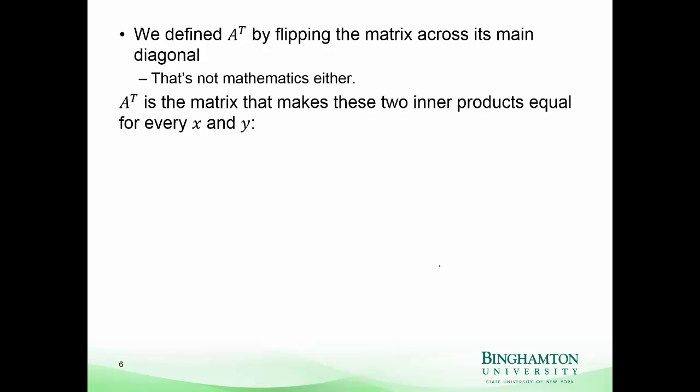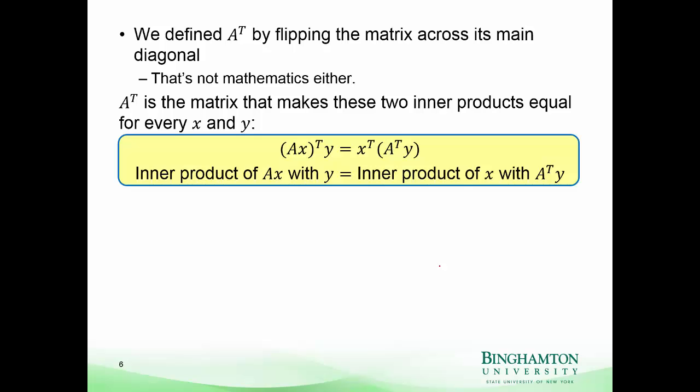So mathematicians say that the process of transposing a matrix, this new matrix A transpose, should be exactly the matrix that makes the following two things defined in terms of inner products equal to each other.